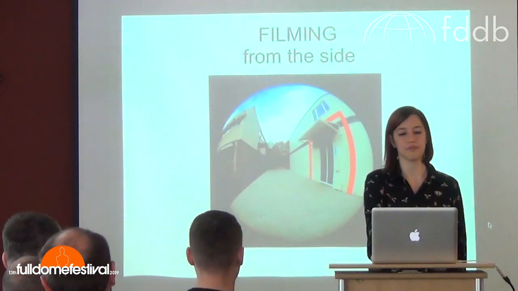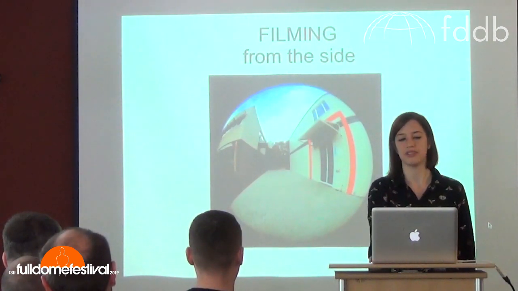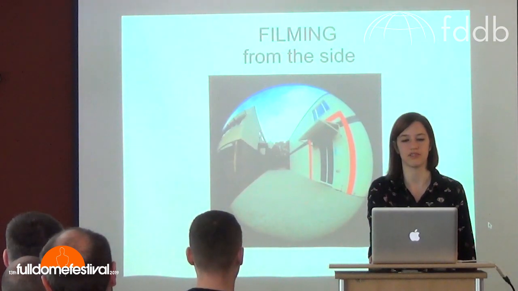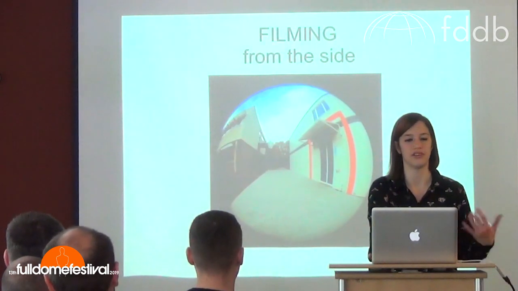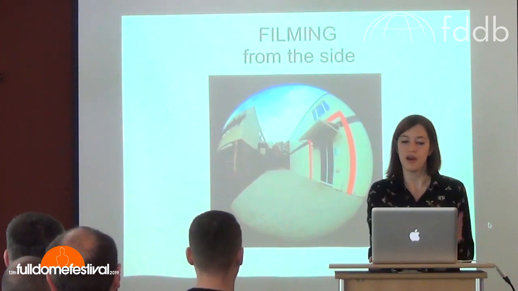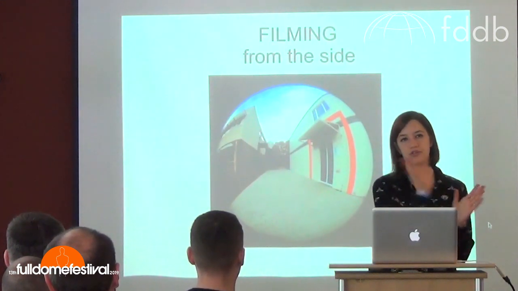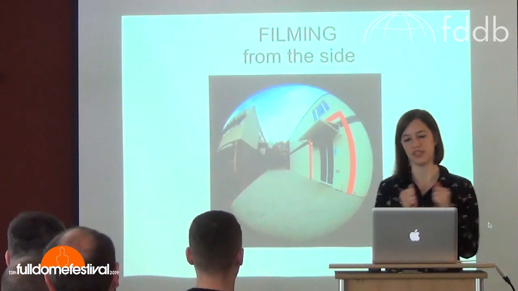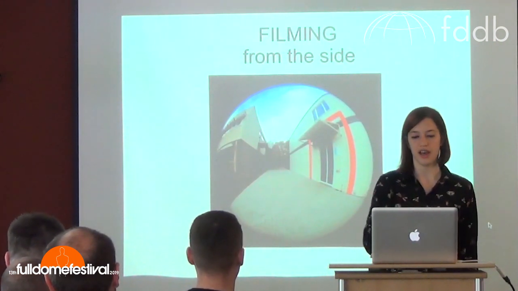What works, of course, is filming from the side, but as you might know, this is not so nice in perspective for Fulldome, since you have to consider a different framing. But it works. Sometimes, for transitions, just a short moment in this perspective might work.